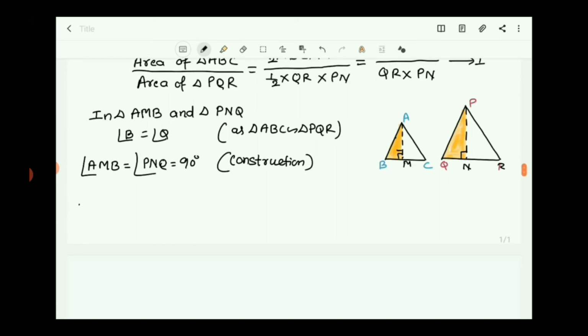So, you can write, therefore, triangle AMB is similar to triangle PNQ. Which similarity criterion do you get here? AA similarity criterion.